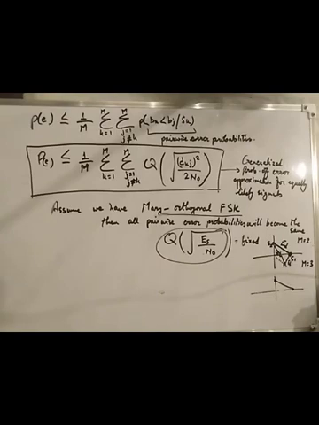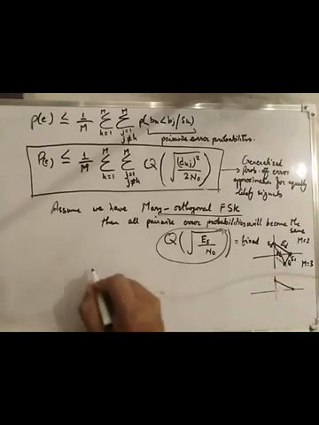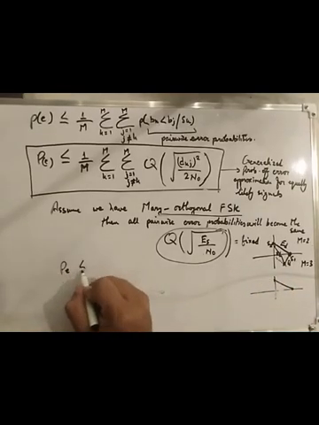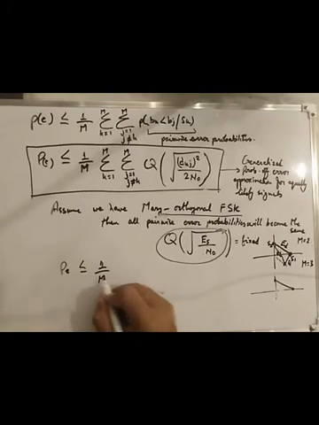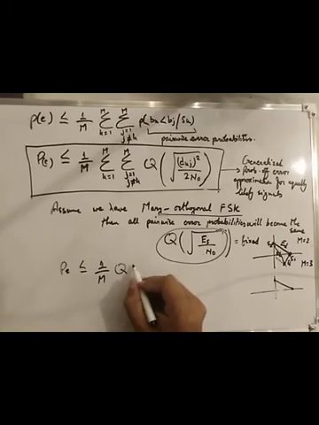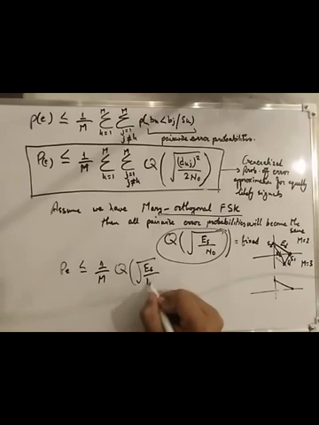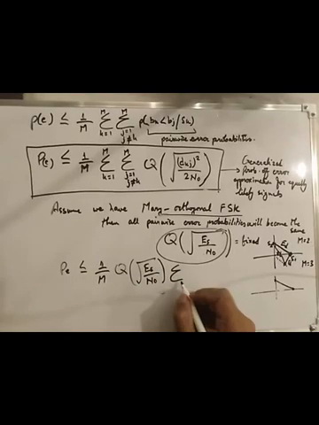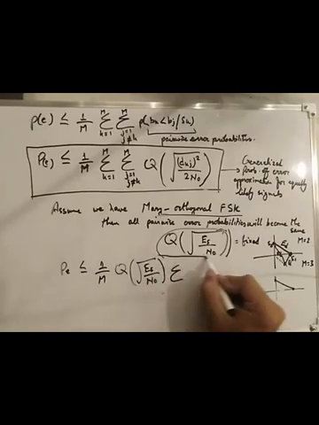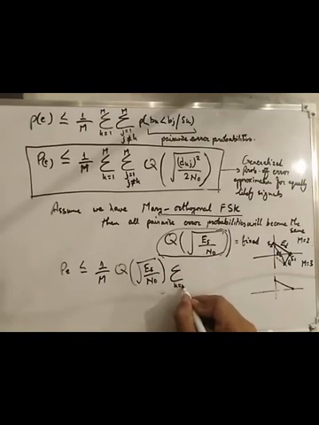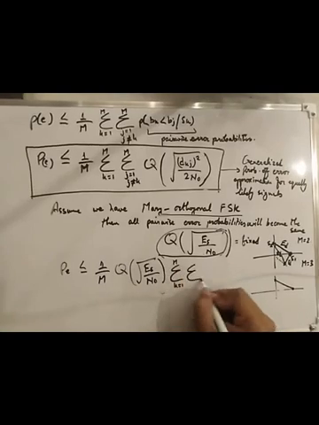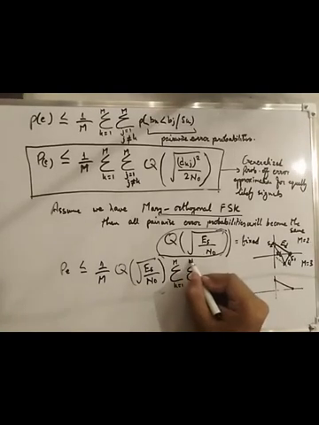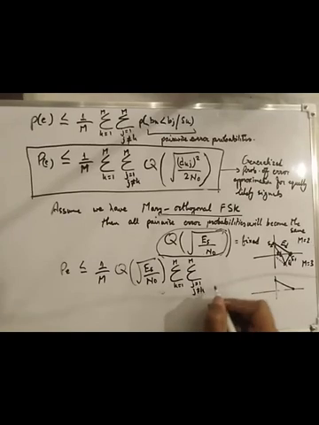So for orthogonal signaling, this is the case, and we substitute the probability of error as 1 over M, Q of square root E_S divided by N naught, summation k goes from 1 to capital M, j goes from 1 to capital M, j not equal to k, and you're summing over a constant 1.